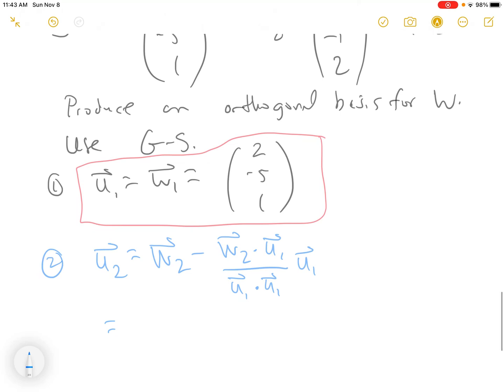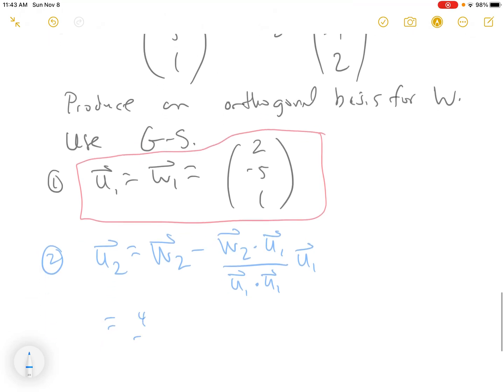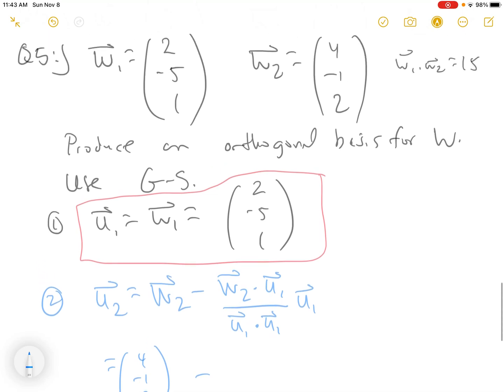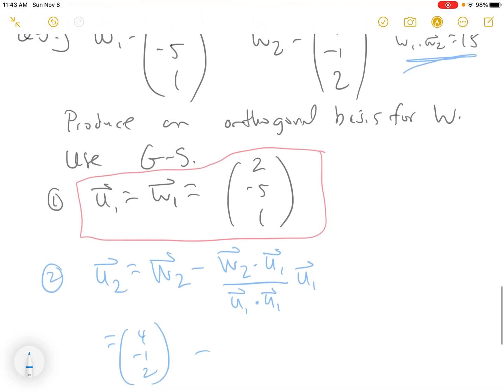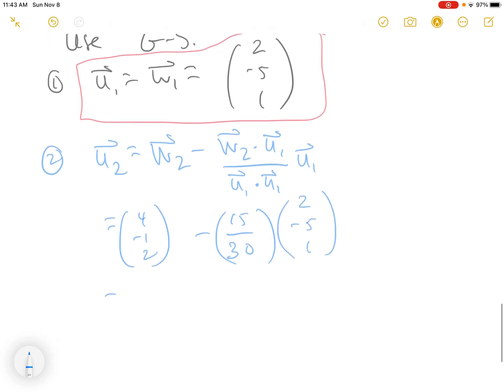So this becomes 4, minus 1, 2 minus, we dotted W2 with U1 up here, so we got 15. U1 dotted with itself is 4 plus 25 plus 1, that's 30. Times 2, minus 5, 1.